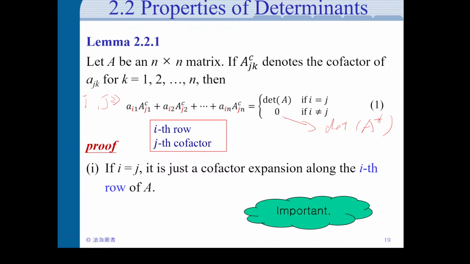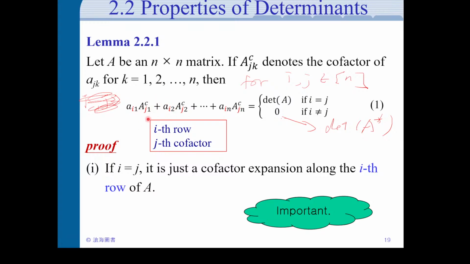Here we have A being n by n, and obviously we have those a_jk and a^c_jk. For i and j, some indices from 1 to n, we want to calculate this weird thing: a sub-row of A multiplied with the covector of another row.